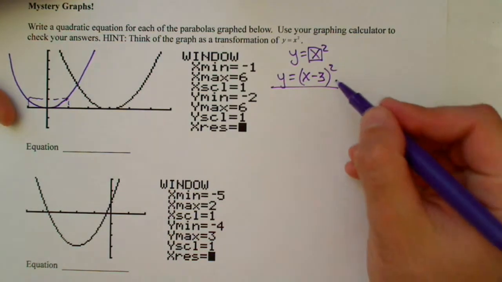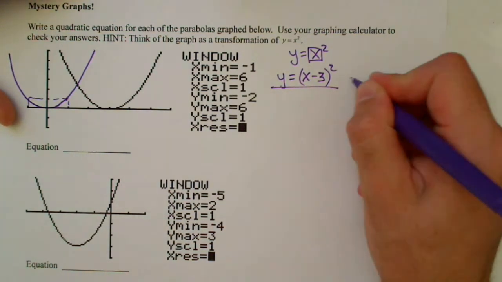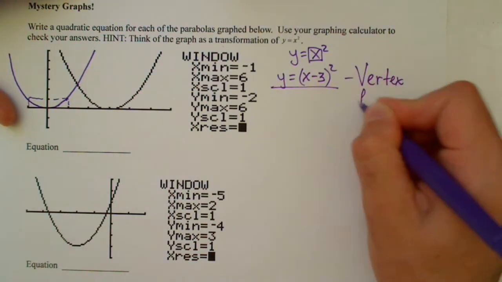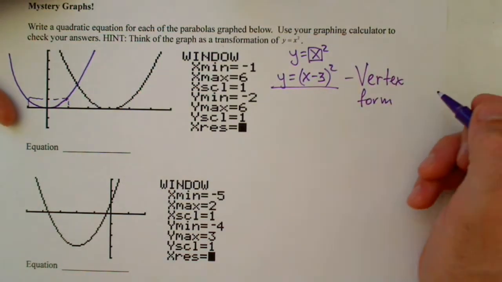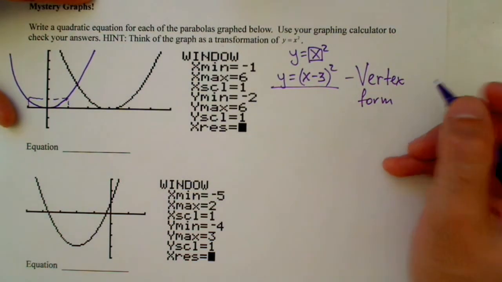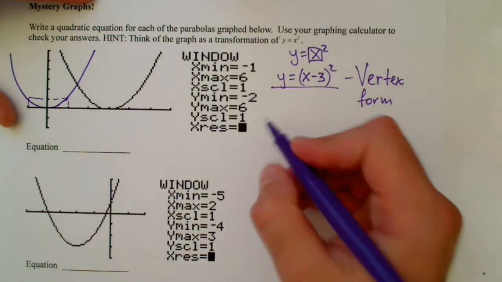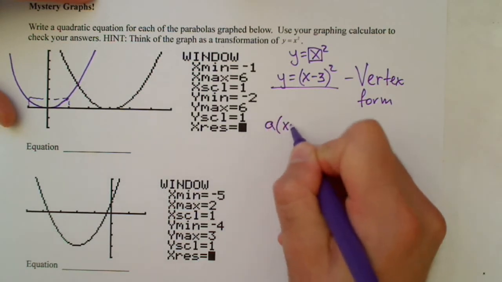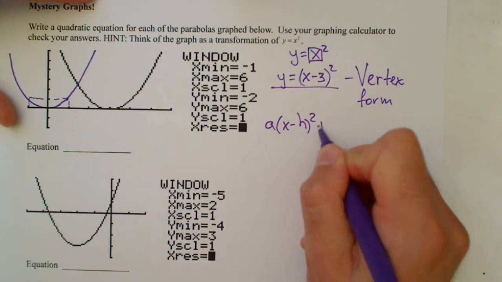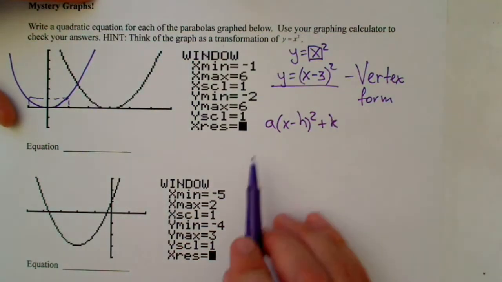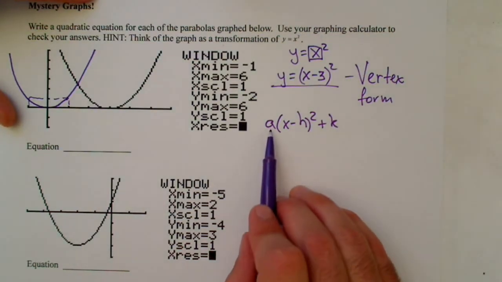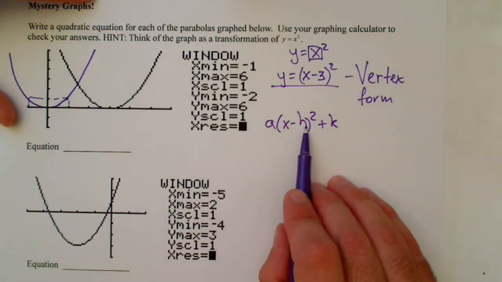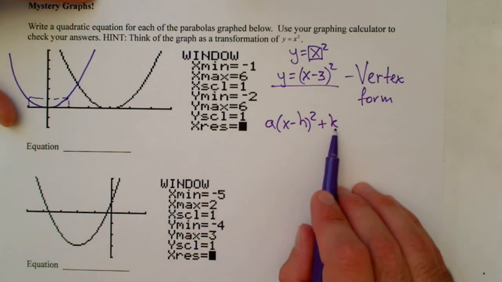As you can see, this is the vertex form of a quadratic equation. The general vertex form looks like a times (x minus h) squared plus k, where a represents a stretch and a reflection, depending on the sign, h represents the horizontal shift, and k the vertical shift.